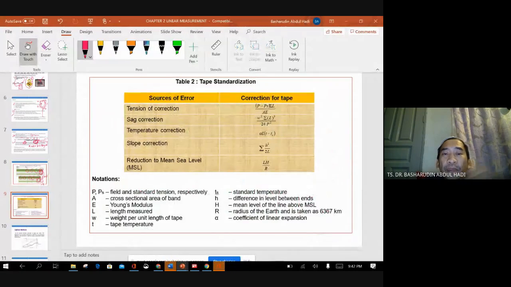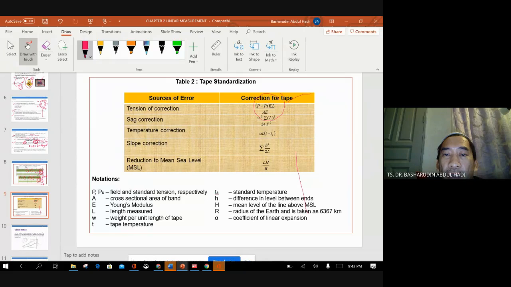Okay, tape standardization. It means that you have a tape, but sometimes the tape also gives you error. So, tension corrections, this is the formula. Correction for tension: P minus PS, summation of L, divided by AE.